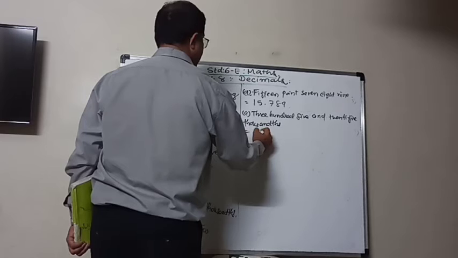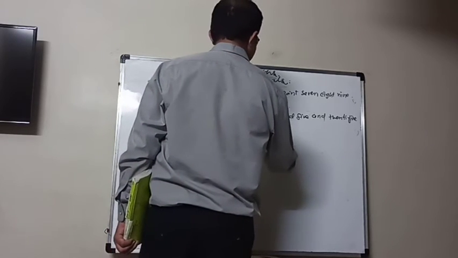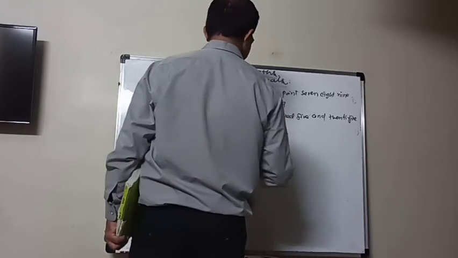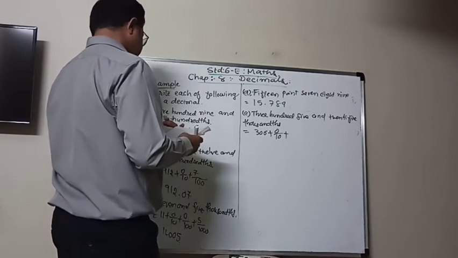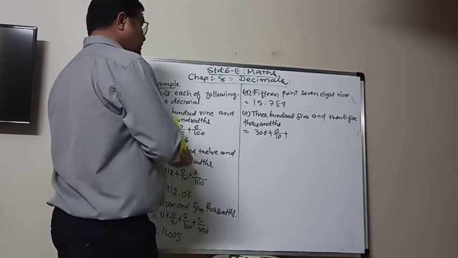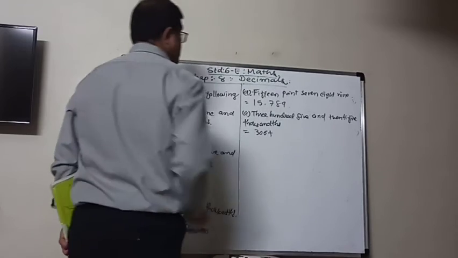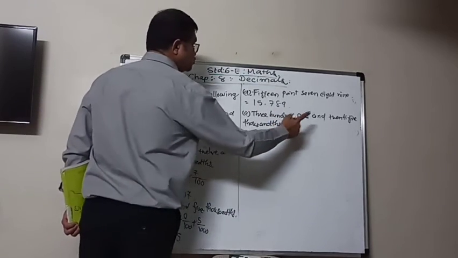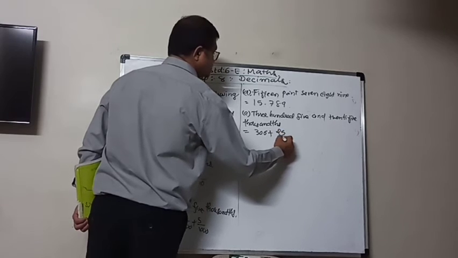So 305, there are no tens, so 0 upon 10. But here it is 25 thousandths. So now what will we write down? 25 thousandths.